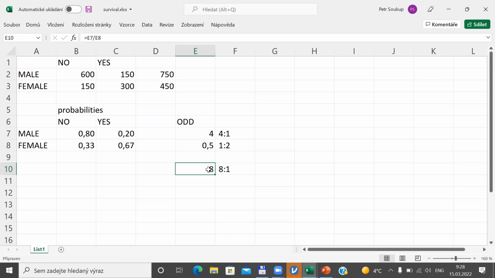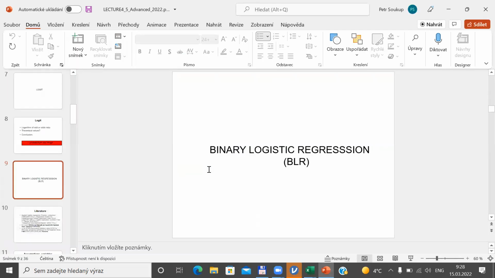So from a positive value of Logit, we would recognize that there is some relationship, and currently the relationship would mean that more male than female, in relative interpretation, died in the Titanic disaster. So that's the first insight into the topic of logistic regression.